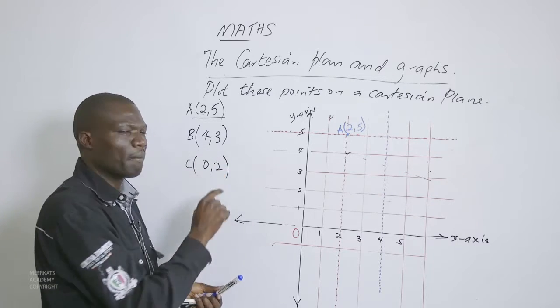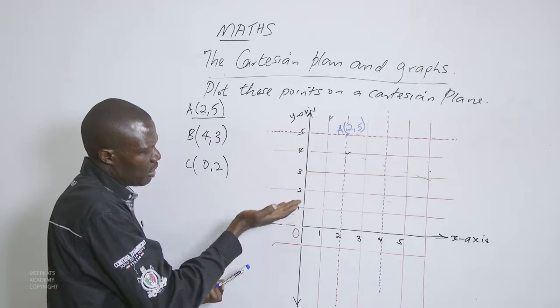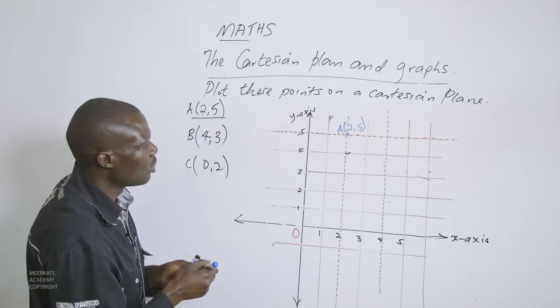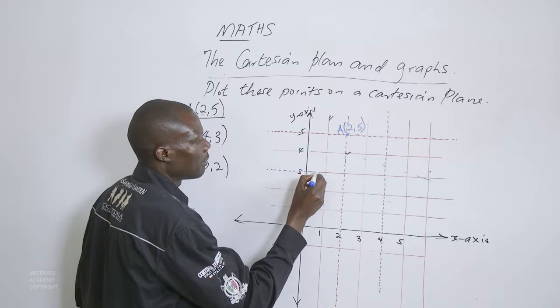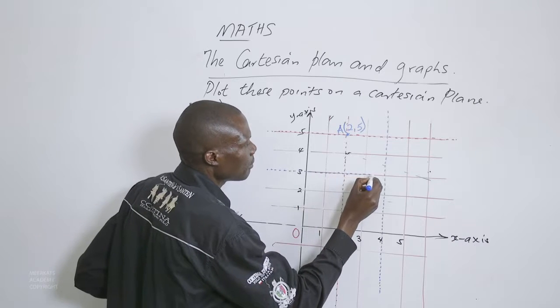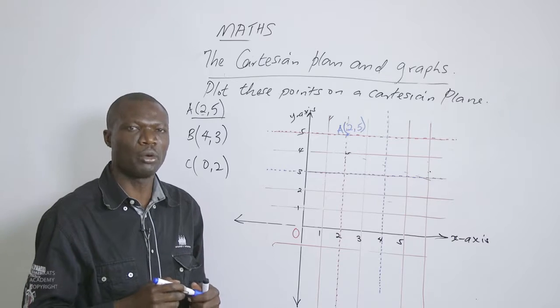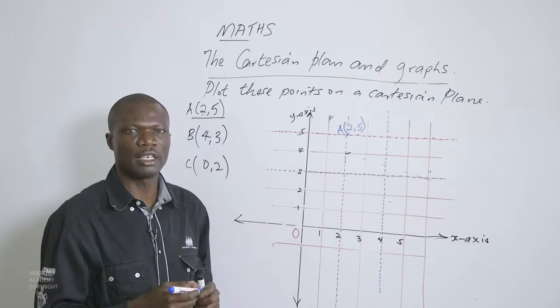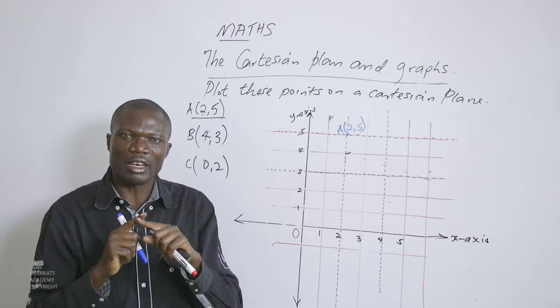And then 3 is how far it is along the y-axis. So this is the origin. We have a 1, 2, and then 3. So we expect this point to lie along this line. Our point should lie along that line. If you look at that, there is a point where our guidelines are intersecting.